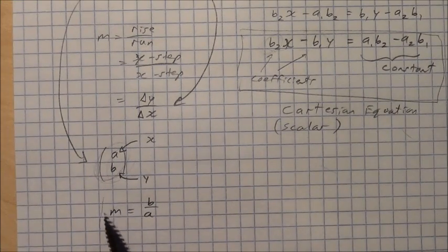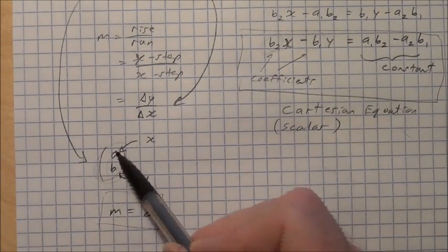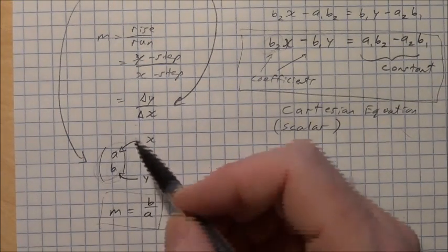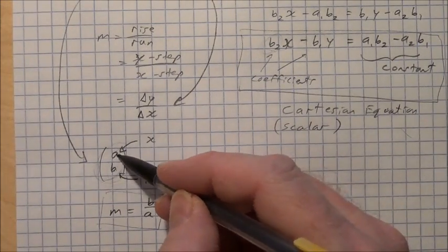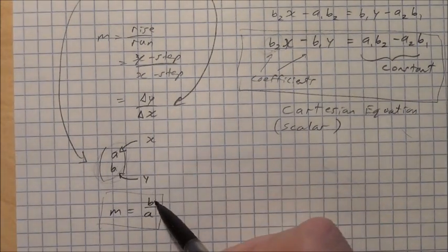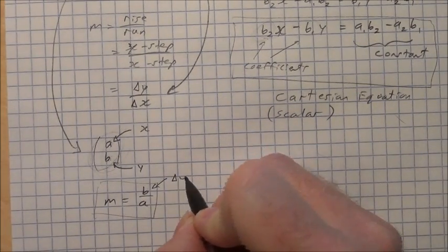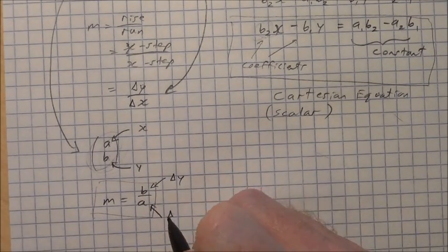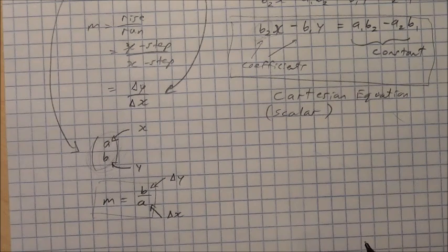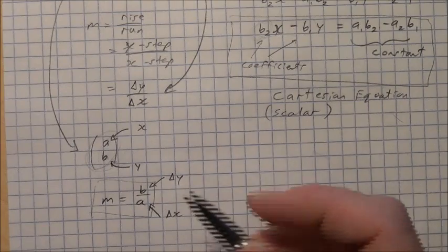So that is now the gradient using the direction numbers. So from the direction vector, these are called the direction numbers. So we use that in this form. This is the delta y, and this is the delta x. Okay, so that's how we get the idea of gradient.